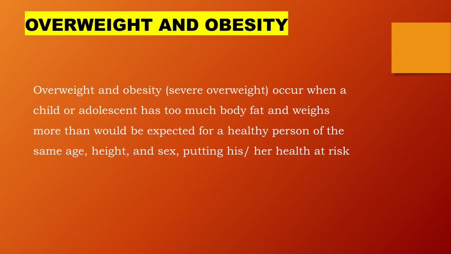Overweight and obesity are exactly the opposite terminology of underweight or stunted. We say a child or adolescent is overweight when he or she has gained too much body fat and weighs more than expected for a healthy person of the same age group, similar height and same sex.